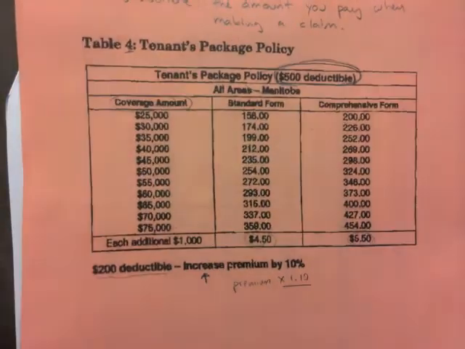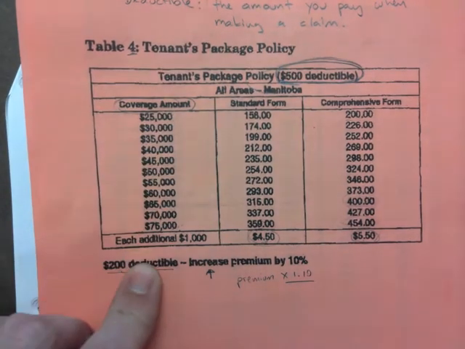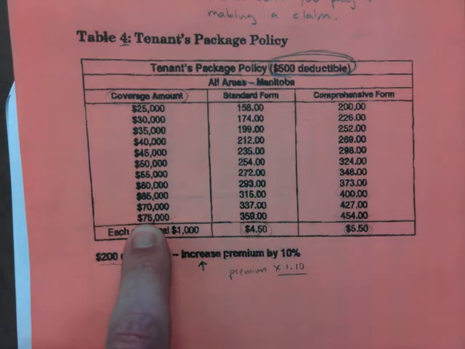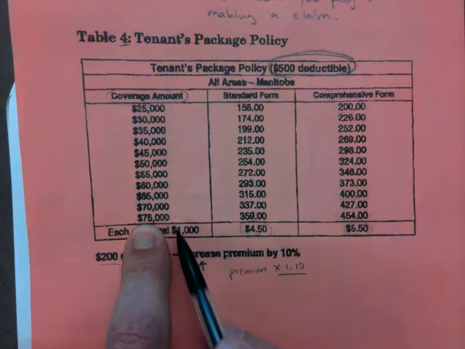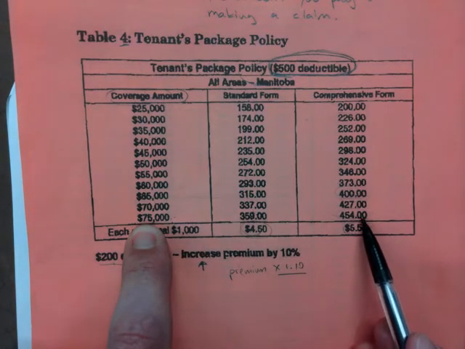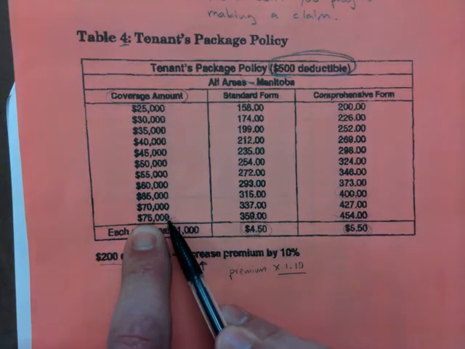So you take your chart, it's tenant because it's an apartment, and you look at the coverage amount, and the maximum shown here is $75,000. If you want comprehensive, it would cost you $454 to get insurance for up to $75,000.